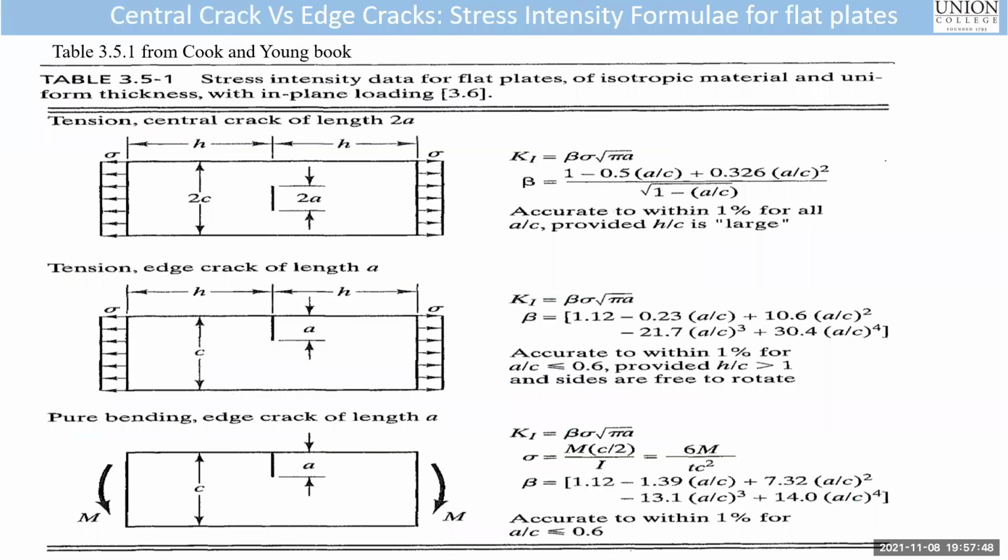And this is from the textbook by Cook and Young. As I said, beta is a shape factor. So K1 is beta sigma root pi a for all of these different plates. This particular plate has an internal crack of length 2a. This is an external crack or surface crack of length a.